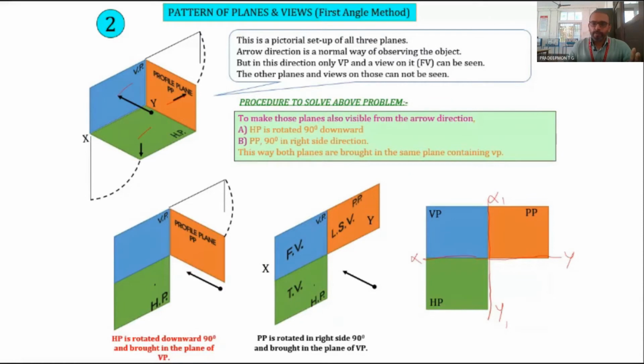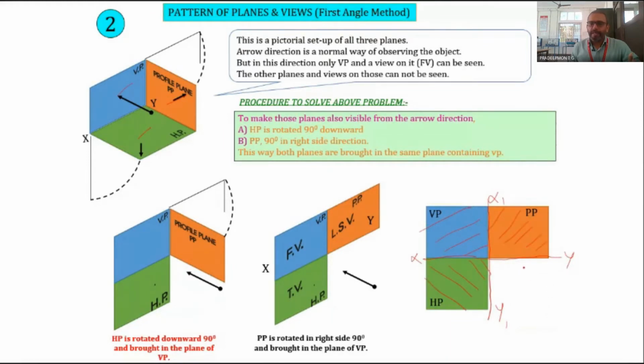So if we consider XY as well as X1, Y1, the area that lies between X and X1 represents the vertical plane, this area represents the horizontal plane, and this area represents the profile plane.